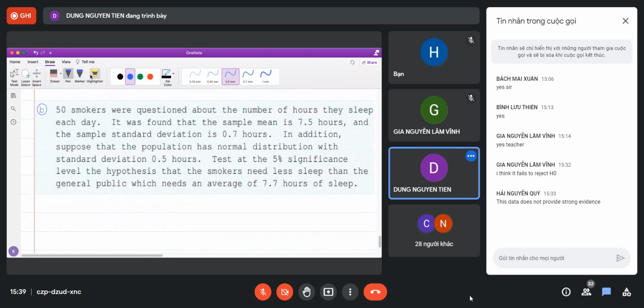The only difference is that we have something further: we get the sample standard deviation, which is 0.7, together with the population standard deviation.